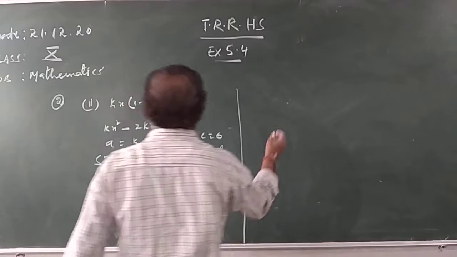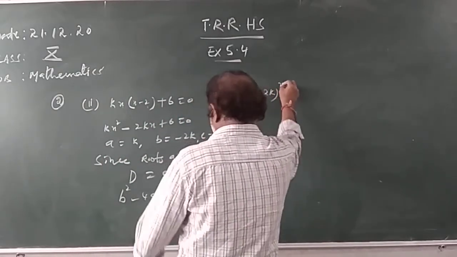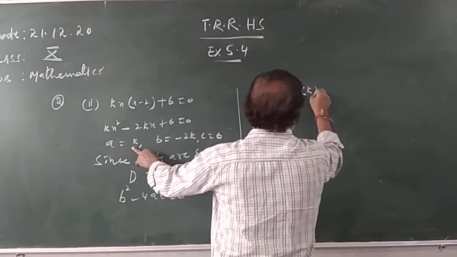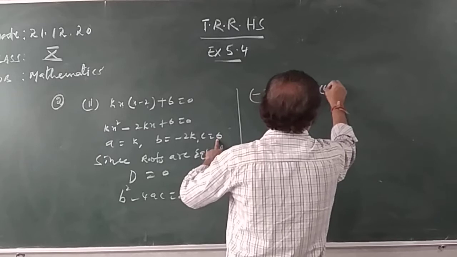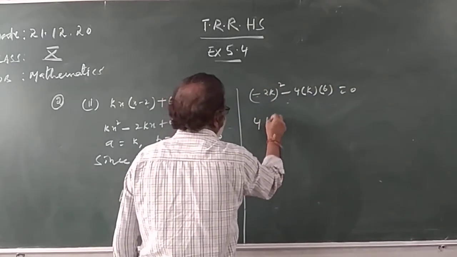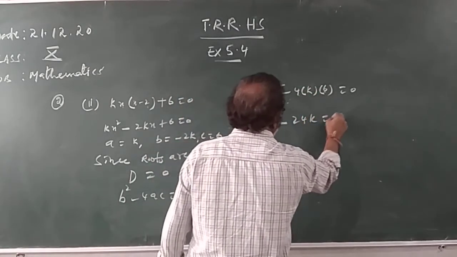Substitute the values. B value is minus 2k, square, minus 4AC. A value is k, c value is 6, equal to 0. Minus square means plus: 4k square minus 24k equal to 0.